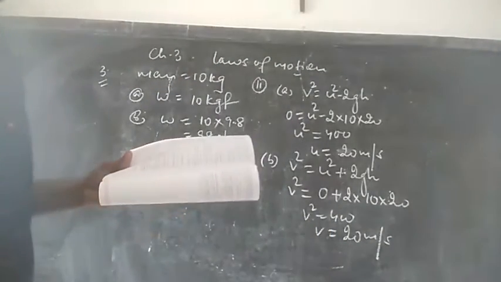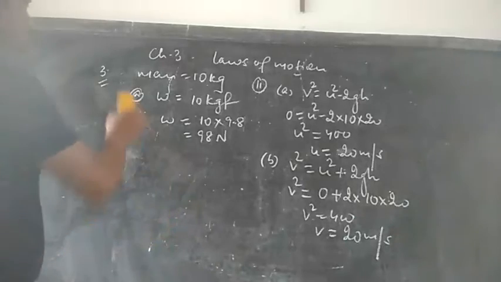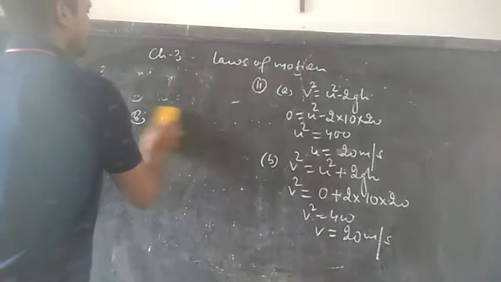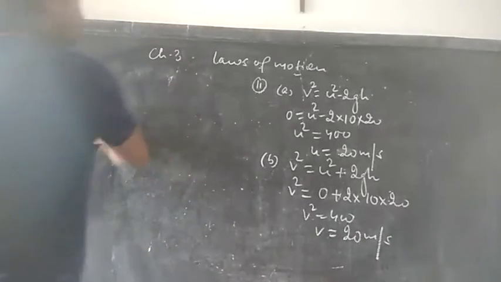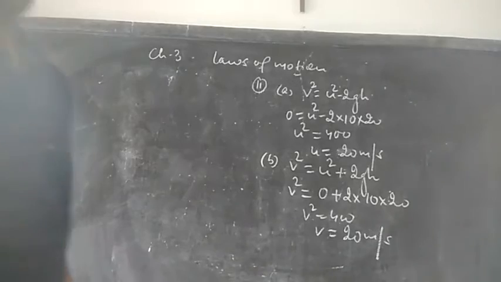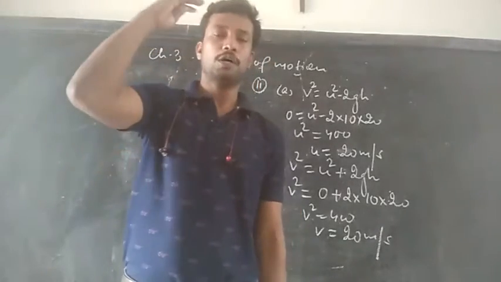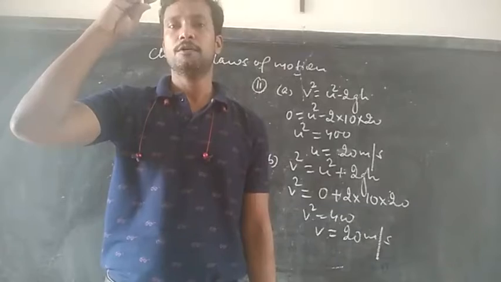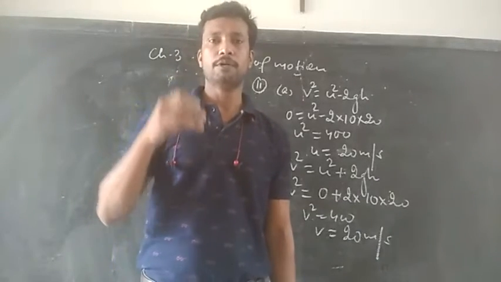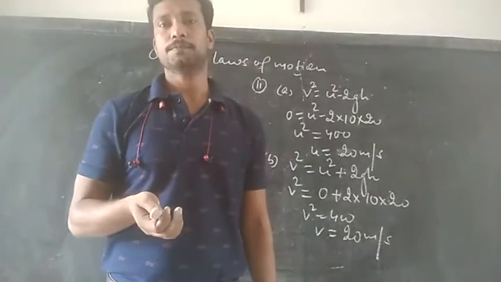Then part C, the total time of journey. We can find the time taken for the ball either to go up to the maximum height, or the time taken to reach the ground.